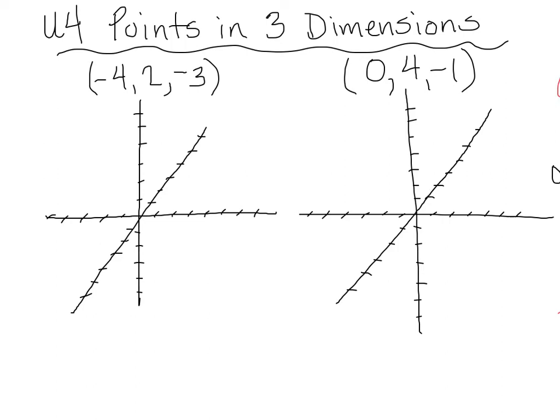Starting here on the left, my first x-coordinate is -4. So I'm going to go backward, remember that means back, to -4. And then the y value is a 2, and so that means to go to the right, +2. I'm going to draw that dotted space.